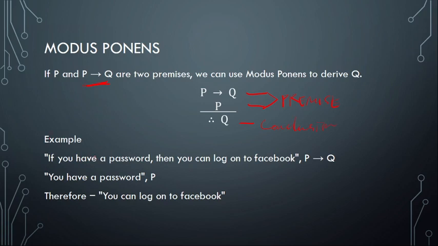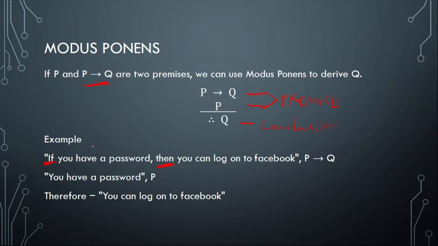Example, if you have a password, then you can log on to Facebook. So, timanin ninyo, ang implication, if or if then, ang word na if, then, ang word na then.